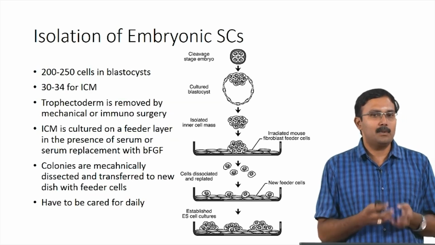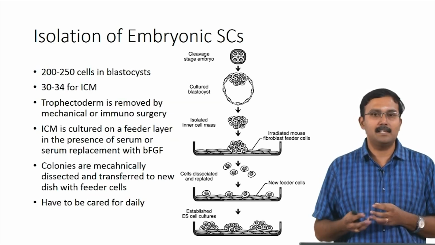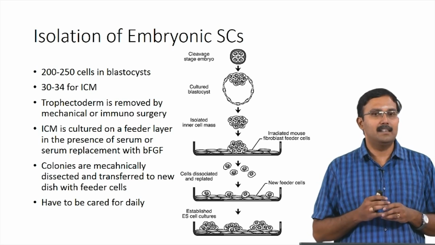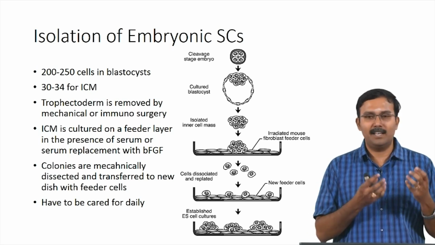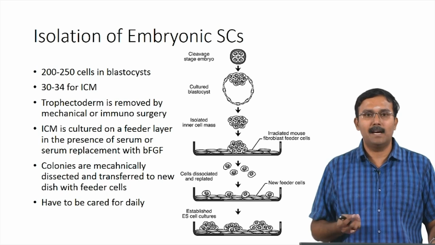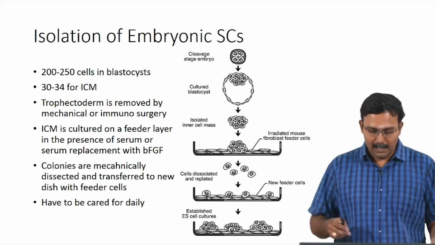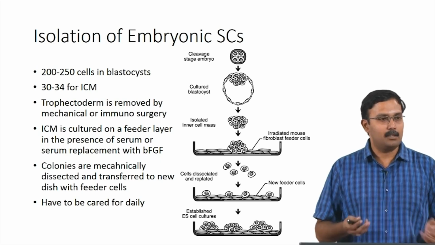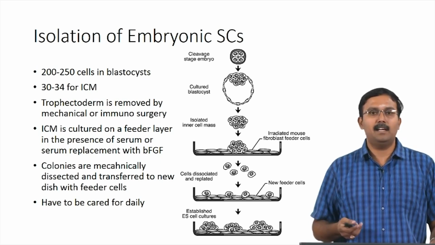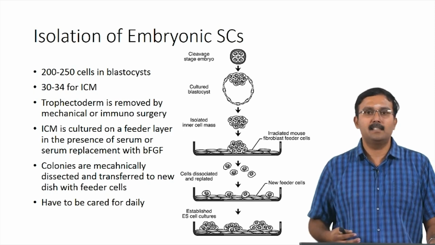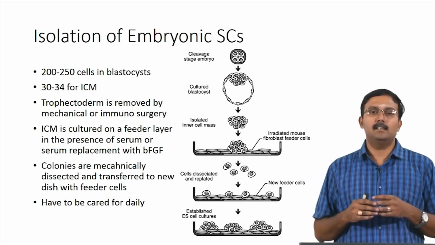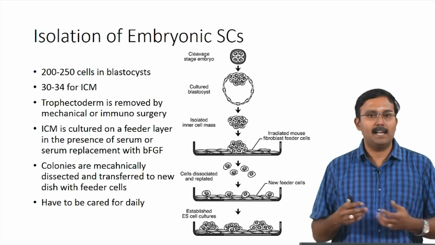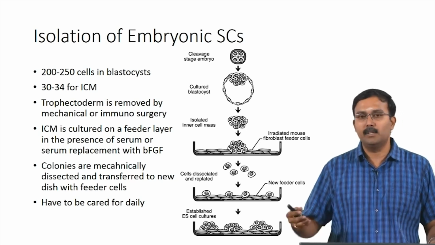There are only about 200 to 250 cells in the blastocyst, and 30 to 35 of them are the inner cell mass. The outer layer is removed, either through mechanical surgery or through immunosurgery, and after that you take the inner cell mass and culture it on a feeder layer, and the colonies are mechanically dissected and transferred to new dishes.